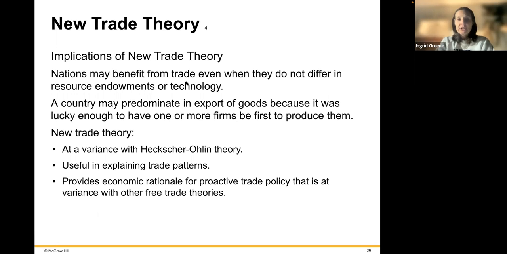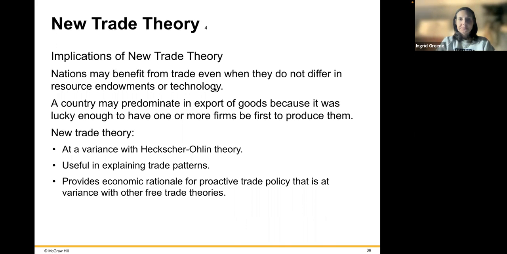What are the implications of new trade theory? So as I alluded to already, governments can get involved. So let's go through the bullet points and break this down. Nations may benefit from trade even when they do not differ in resource endowments or technology.